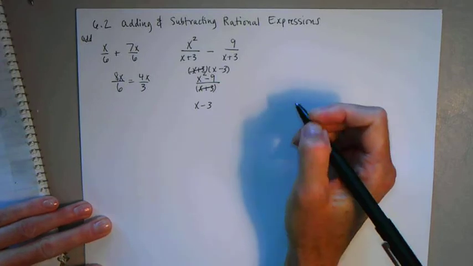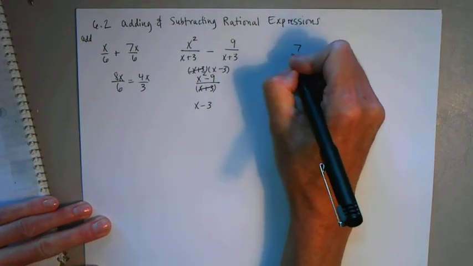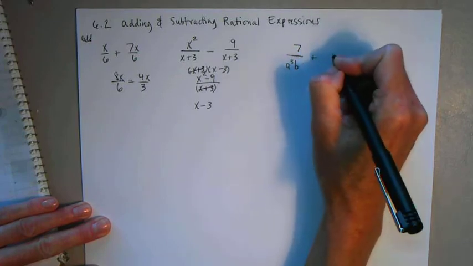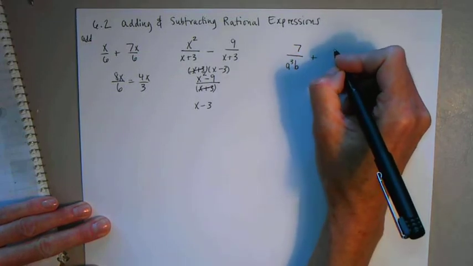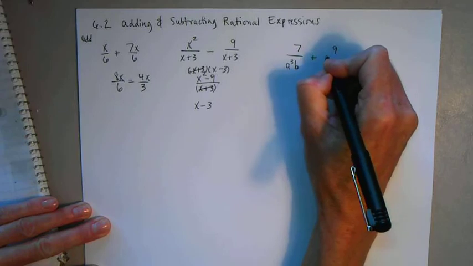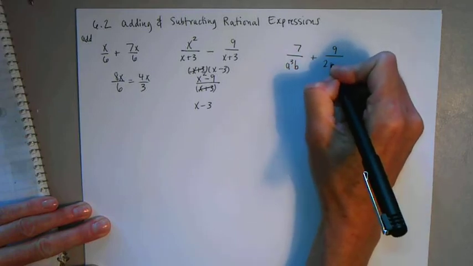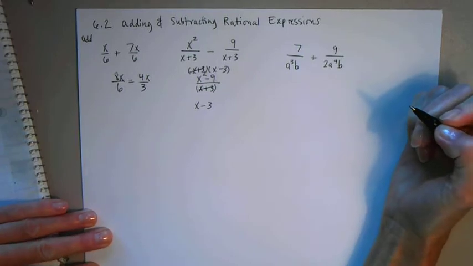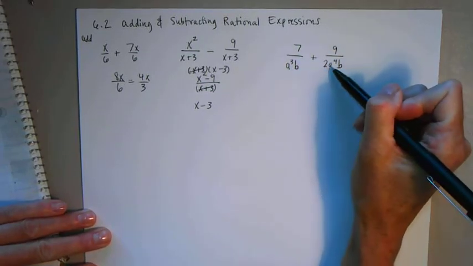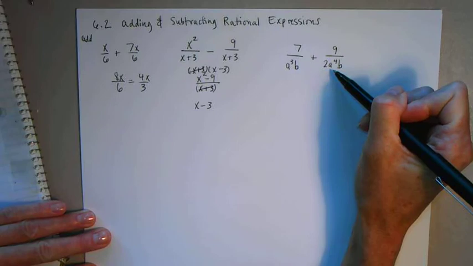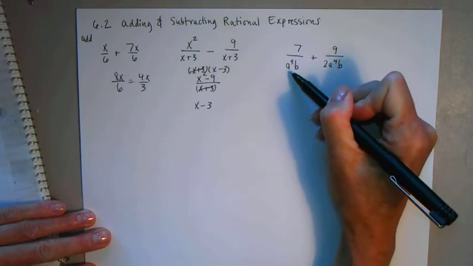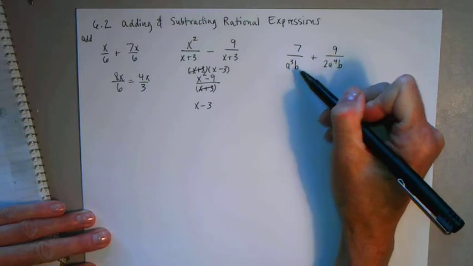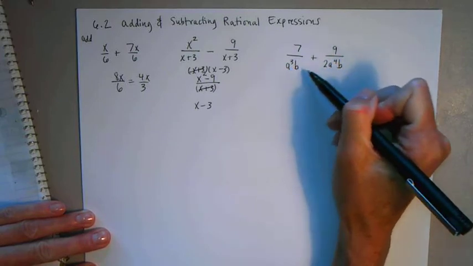Now, what if I gave you something like this? We'll use a and b just for the heck of it instead of x and y. You could see anything there. Looking at that problem, I can clearly see they don't have a common denominator. But if I multiplied this by 2 and by one more a, they would have a common denominator.